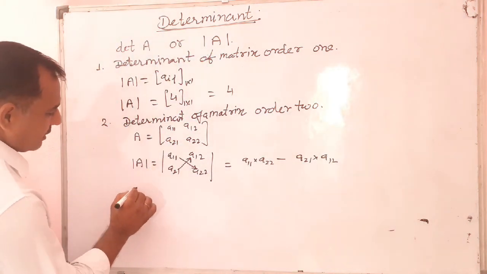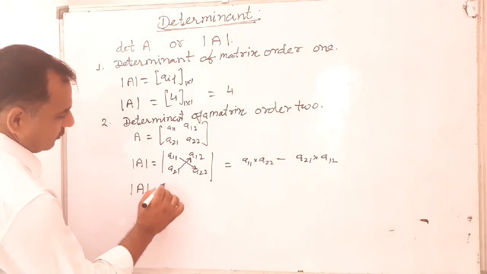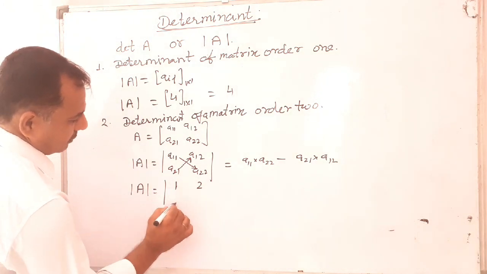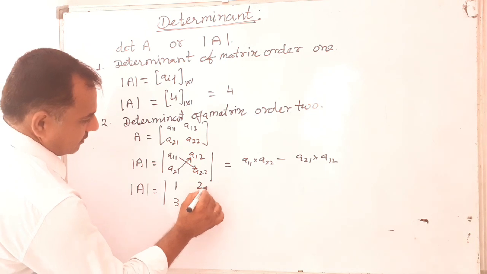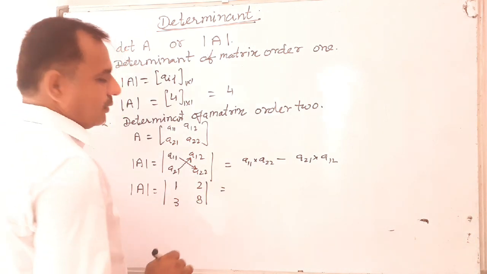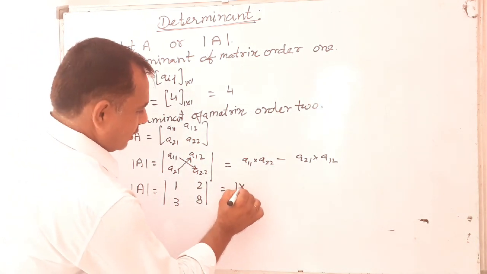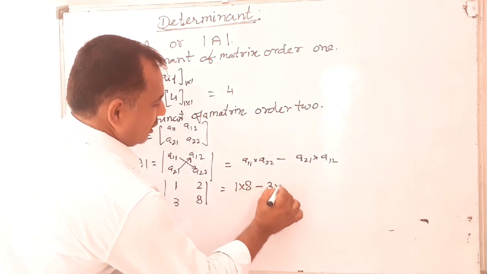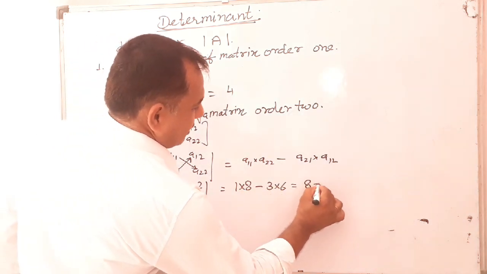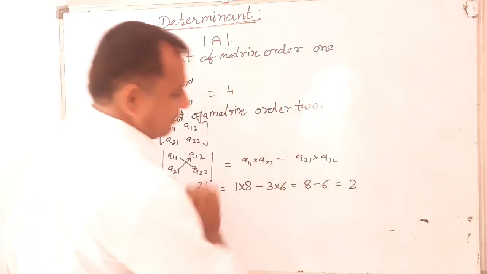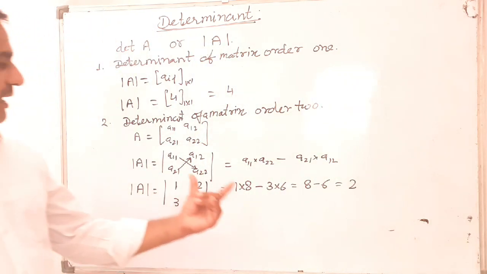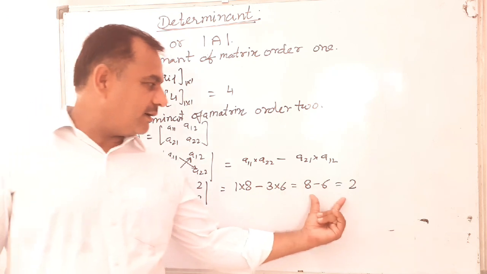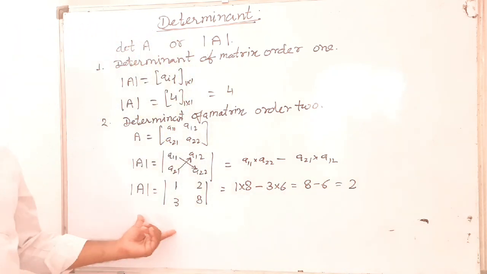For example, determinant A equals |1 2; 3 8|, and the value of the determinant is 1 into 8 minus 3 into 2, that is 8 minus 6 equals 2. So we can find the value of the determinant, and every determinant has a fixed value.